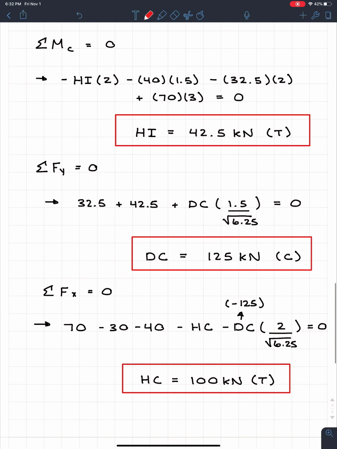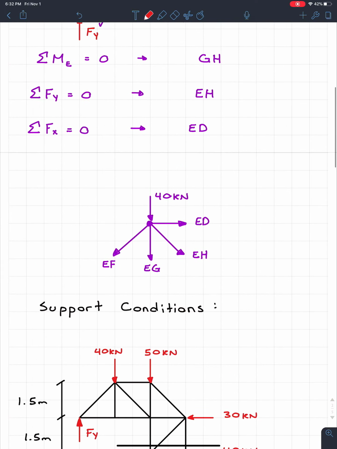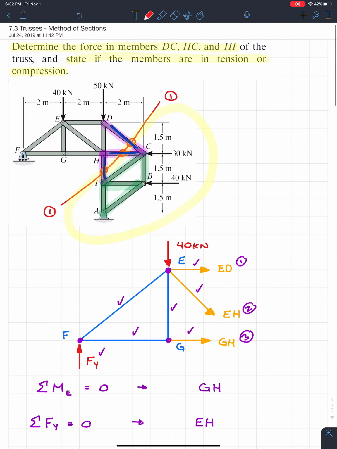So now, if you guys look up and compare, we solved for a bunch of forces in the middle of the truss without even touching the method of joints. If I were to analyze those forces, so I'm going to just kind of erase some of the clutter real quick. If I wanted to analyze those, I'm going to highlight them in purple. So these were the members that I wanted. So it'd be HI, DC, and HC.